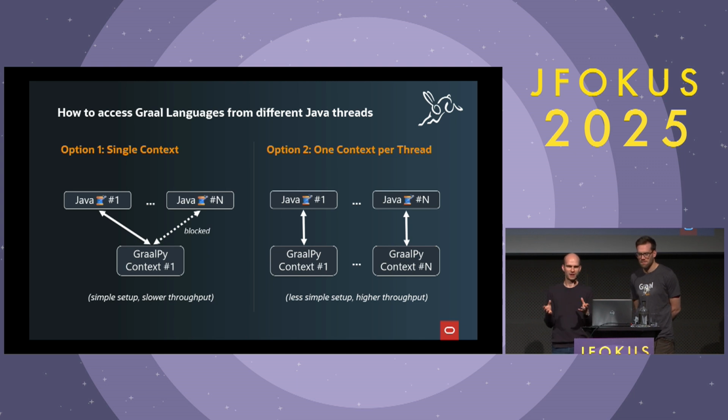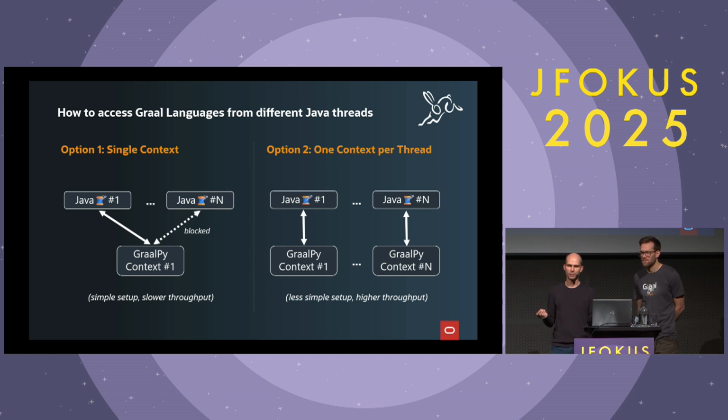Because this is just a Java API to create a Python context, you can just create multiple contexts, one per thread. And these have separate global interpreter locks. And now you can already scale out your Python applications across multiple cores, which is something you couldn't even easily do if you just put it in a single microservice, because then you actually would have to start multiple Python processes if you're doing a microservice architecture.